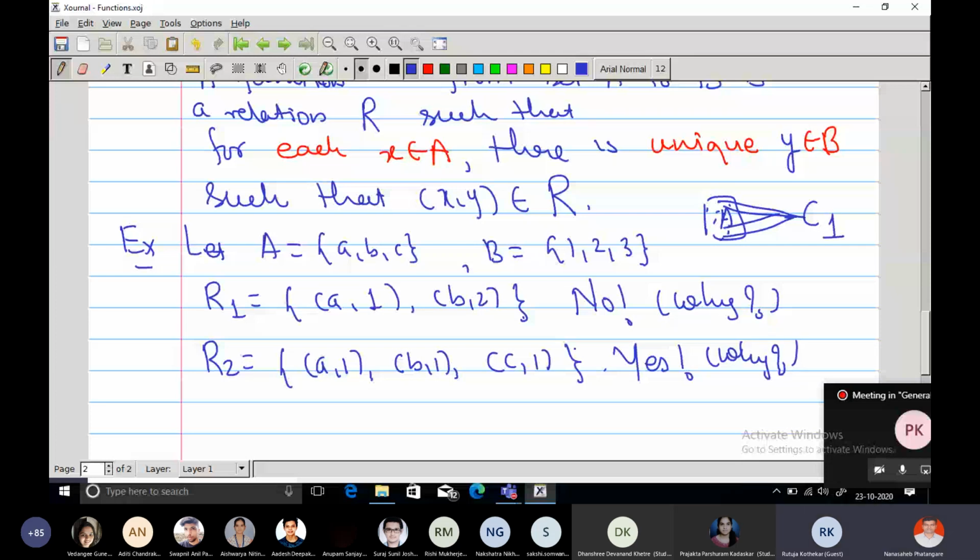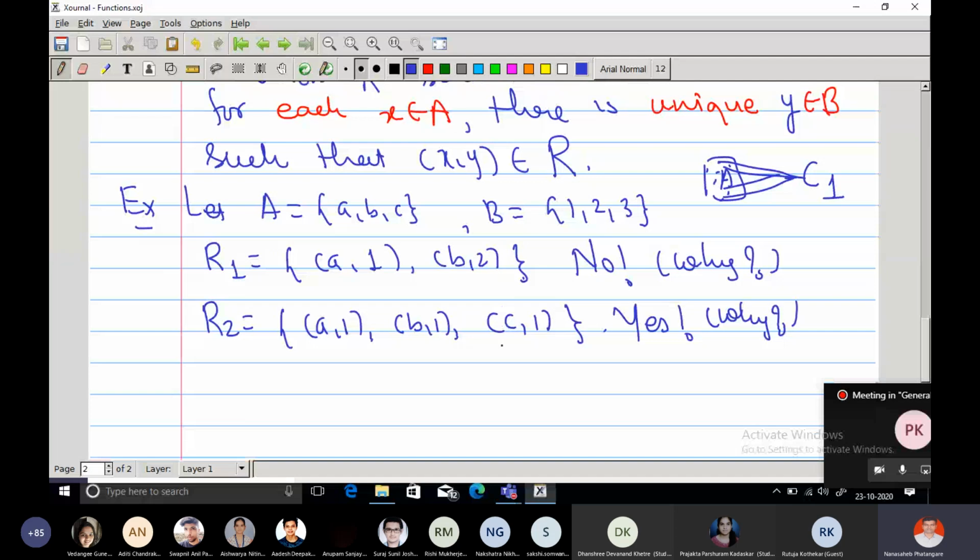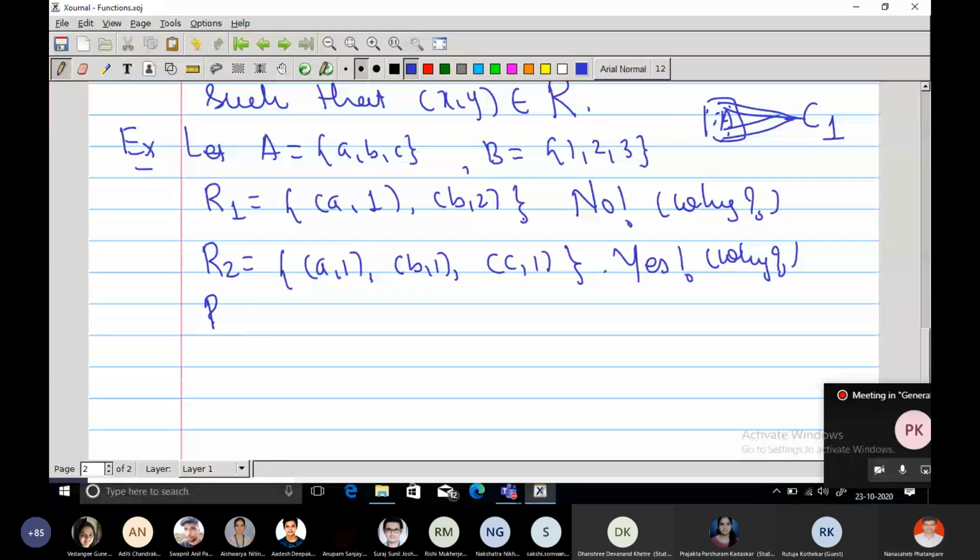Now let us see another example, then you can understand it better. R3 is {(a,1), (b,2), (c,3)}. Is it a function? Yes, sir.